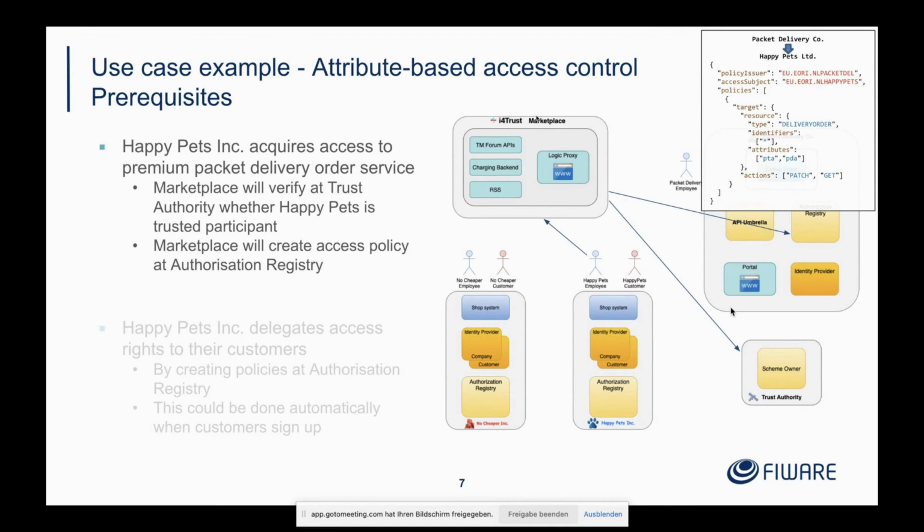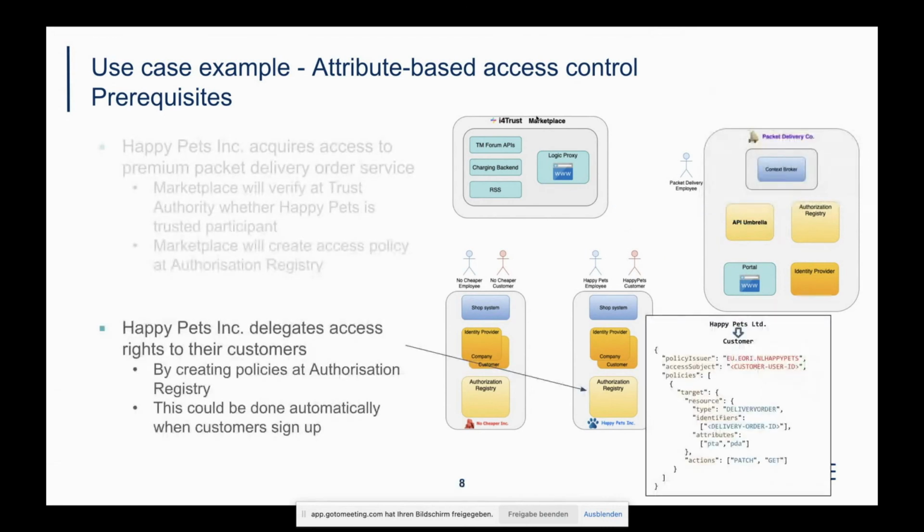Now this access is granted for the organization of Happy Pets, but in the end, we want human customers of this Happy Pets organization to access the service. So after Happy Pets acquired access to the service, it now also needs to delegate these access rights to their customers. This means also storing policies at their own authorization registry, which will look similar, also allowing these patch requests on these certain attributes on these delivery orders.